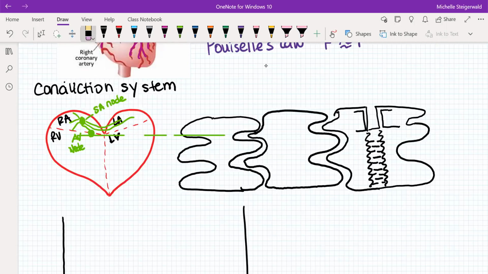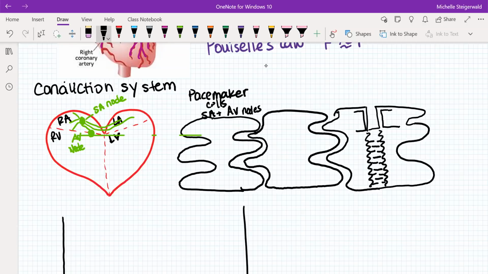So these nodes, these pacemaker cells, are capable of creating a rate and rhythm on their own. They don't need input from the brain to tell them to beat. So SA and AV nodes.